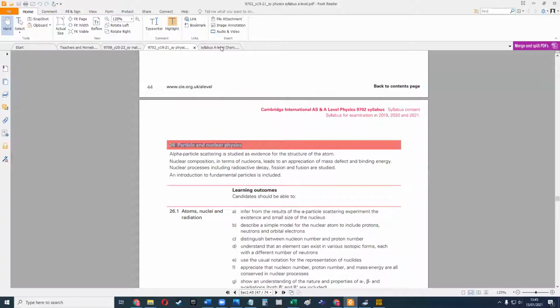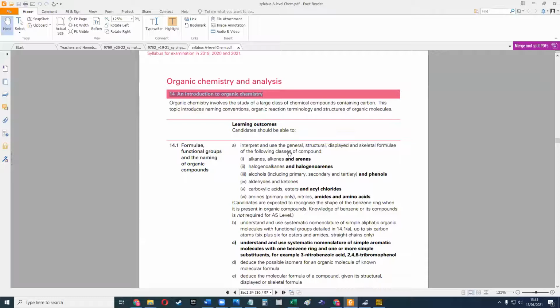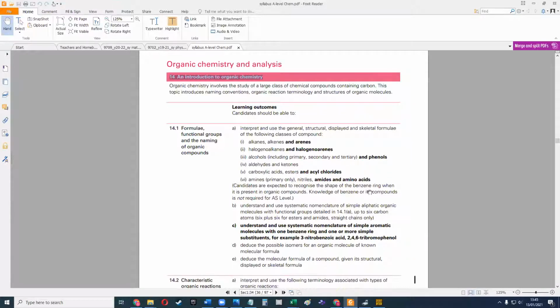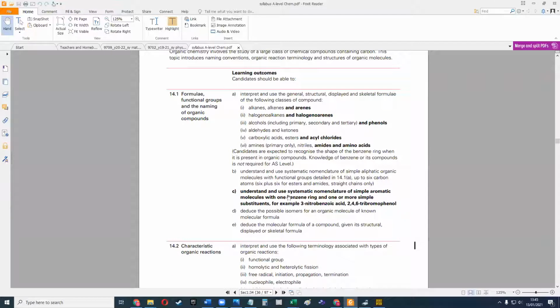So here we have them. We need to know the general structure, displayed, and skeletal formulas for arenes, halogen compounds, phenol, acid, and amino acids. Next, we're going to know about the systematic nomenclature of aromatic molecules, with 1 benzene ring and 1 or more simple substituents.